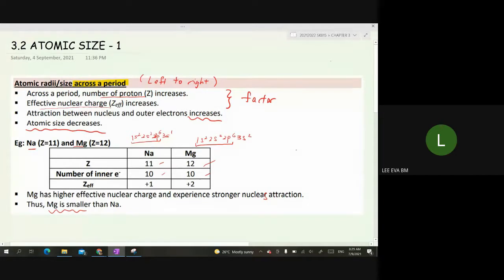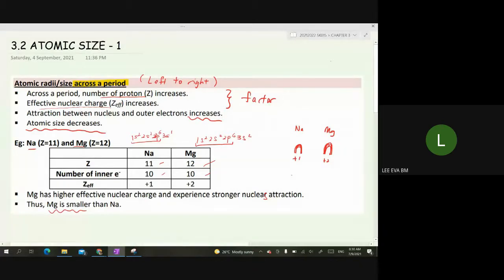Over here, let's say the effective nuclear charge madam pakai sebagai satu magnet. Magnet ini dia simbolik positive 1. So now for sodium, positive 1, the Z effective. And then for my magnesium, I have a stronger magnet over here, positive 2. And then the nucleus attraction focuses on the outer electron. So that means how much stronger I can attract the outer electron.